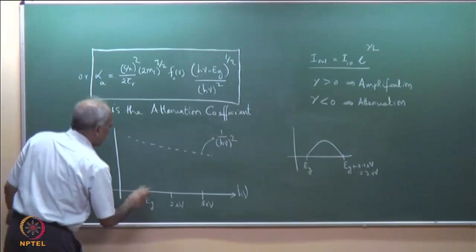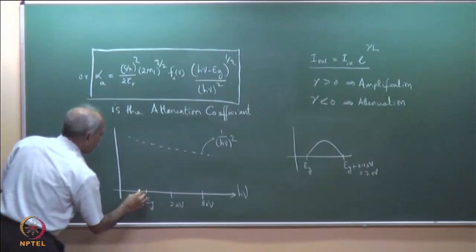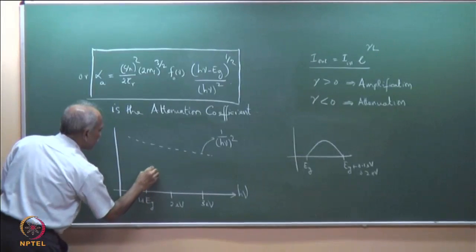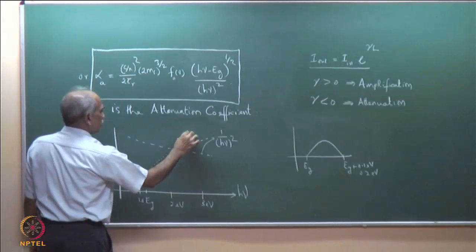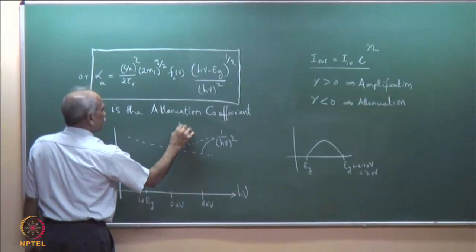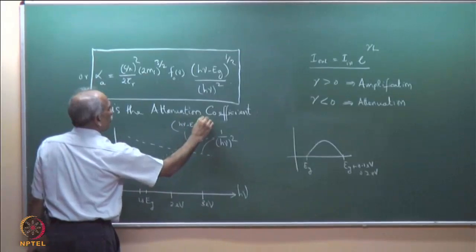The other part is, as you know, it starts from Eg, h nu minus Eg to the power half goes the same way, x to the power half dependence. So, this is h nu minus Eg to the power half.